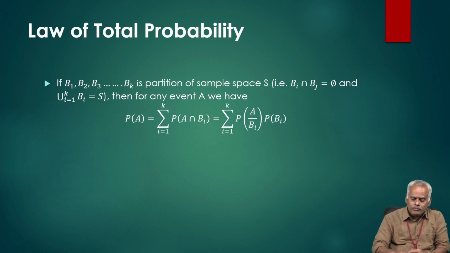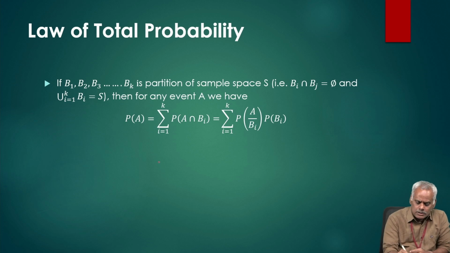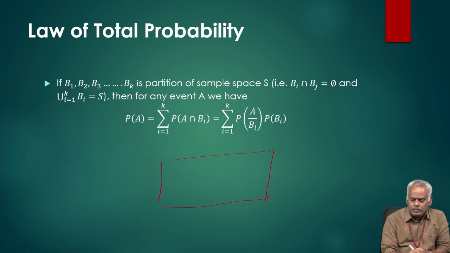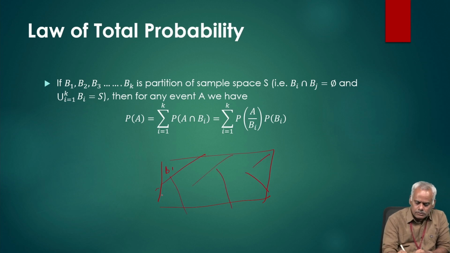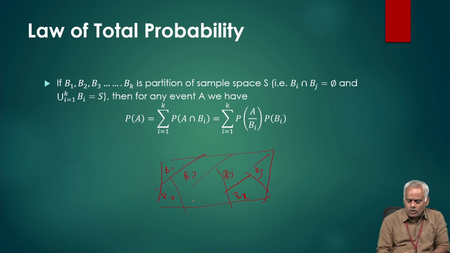So in short, if S is the sample space, B1, B2, B3 up to Bk are partitioned events, that is disjoint sets. So this is B1, B2, this is B3, this is Bi, this is Bk, this is Bj, and so on.